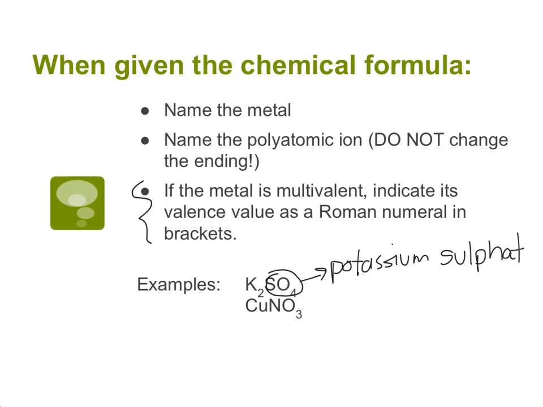So this would become potassium sulfate. In our next example, we've got copper and we've got nitrate. Now nitrate has a -1 valence, meaning that our copper is +1. And since copper is multivalent, we need to indicate this, so that becomes copper 1 and nitrate.